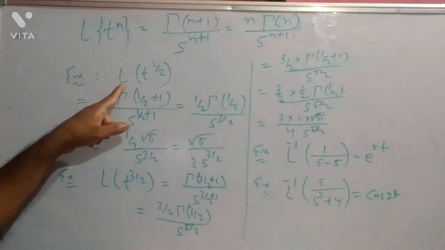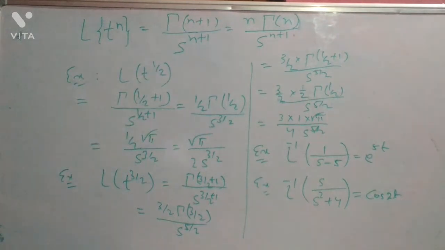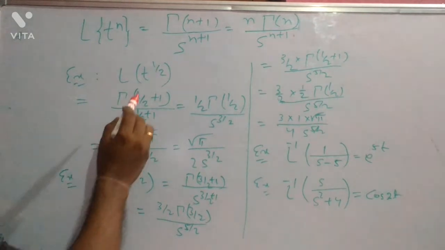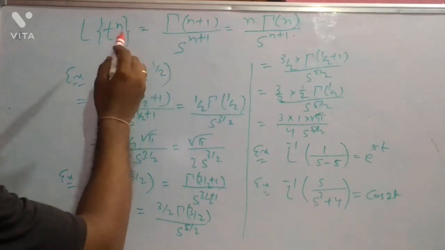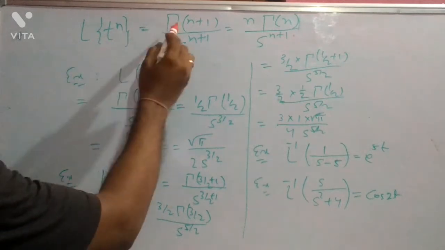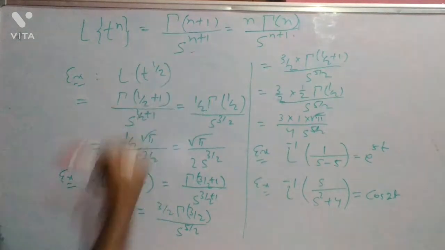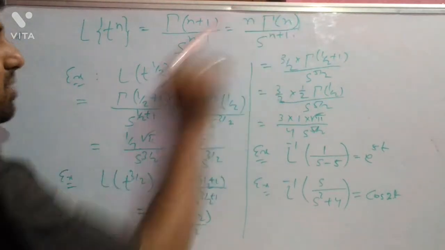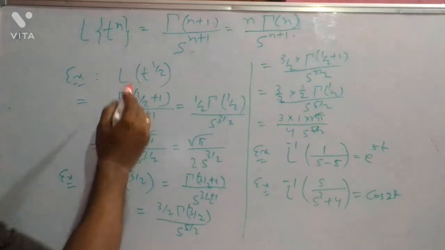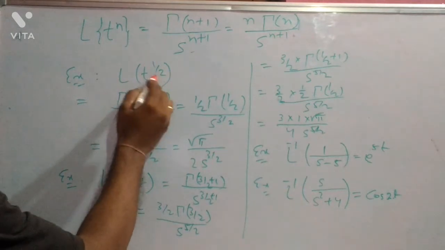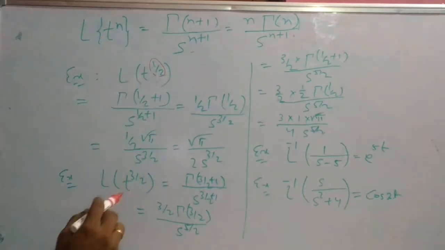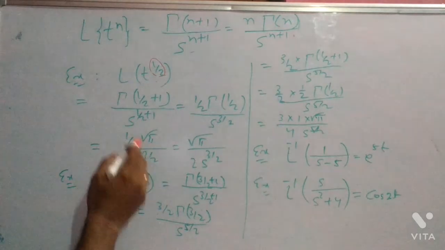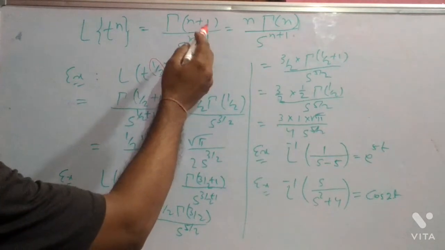So what is Laplace of t to the power half? By the formula we have Laplace of t to the power n is gamma of n plus 1 by s to the power n plus 1, and that is n gamma n by s to the power n plus 1. Here half is not a positive integer, so we cannot use factorial, but we can put this formula.